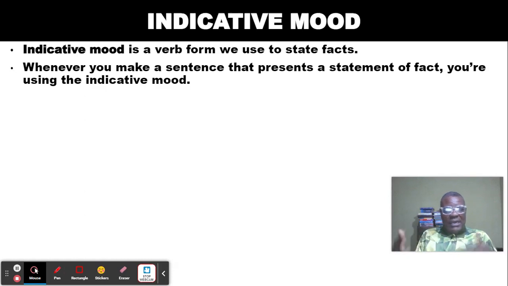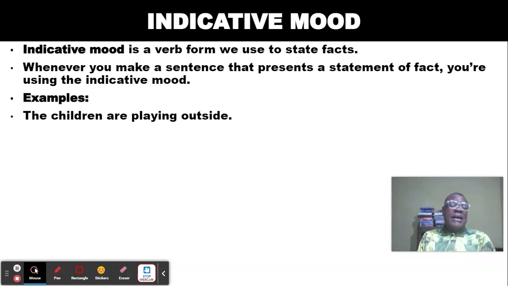When you are conversing, when you are speaking, most of the time the indicative mood is the most predominantly used mood. So whenever you make a sentence that presents a statement of fact, you are using the indicative mood. Let's look at some examples of indicative mood.